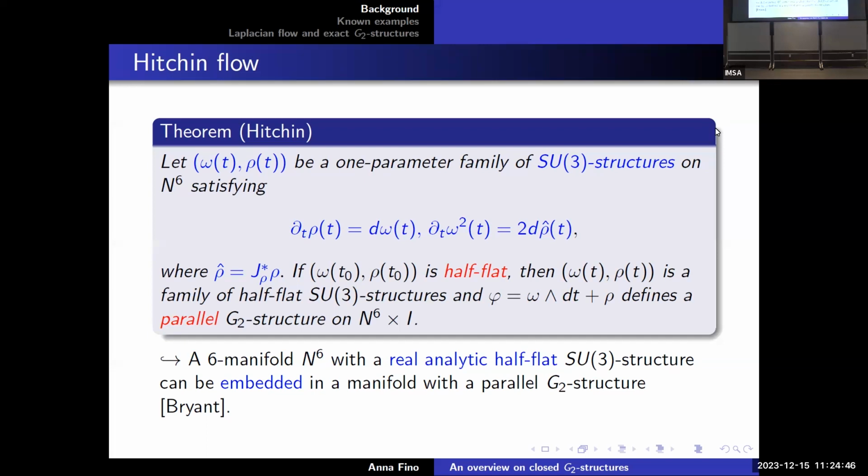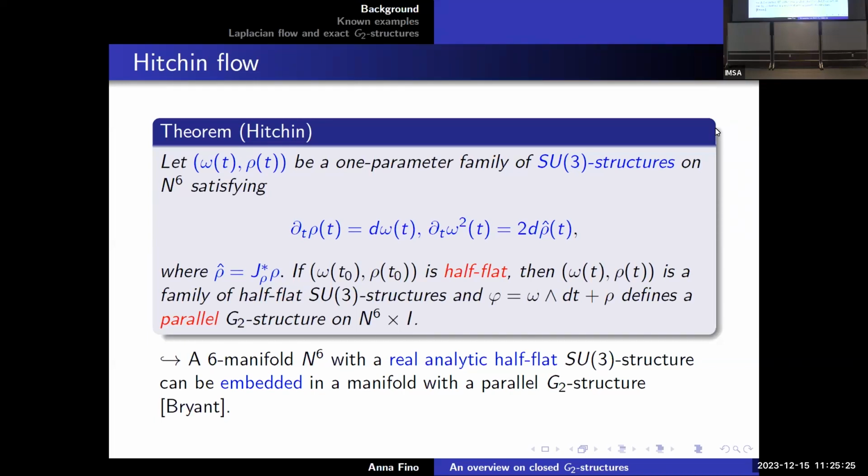Here, rho hat is just J of rho, so the idea is rho plus i rho hat is the (3,0)-form that you have. And if the family satisfies the equation that I wrote, and you start with a half-flat condition that we mentioned before, then you have a family of half-flat SU(3) structures, and you have a natural way to construct a parallel G2 structure on the product of N6 times R, some interval. That's the reason why you don't get a complete metric.